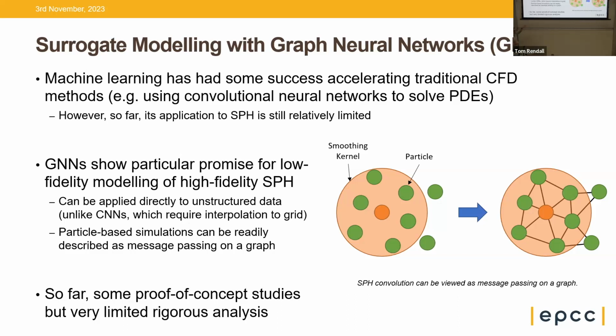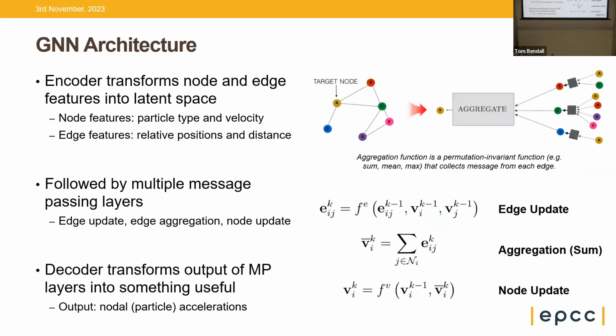There have been some proof of concept studies so far, not a huge amount of what I call quantitative validation. There was a slide very similar to this in the previous talk, but the key point that I wanted to raise is that this message passing layer, which is the workhorse in graph neural networks, is very similar to the SPH convolution.